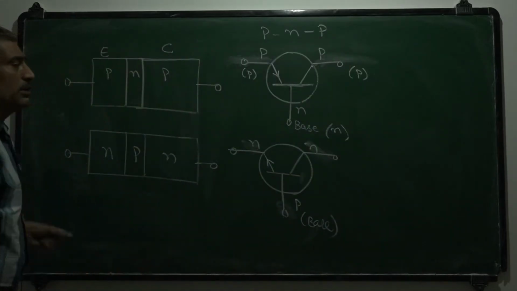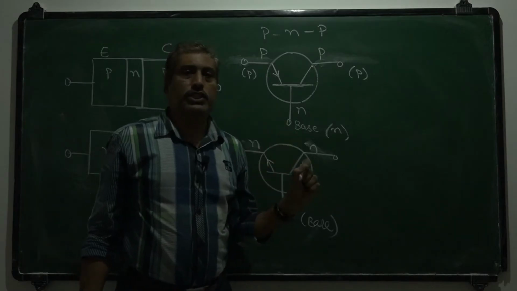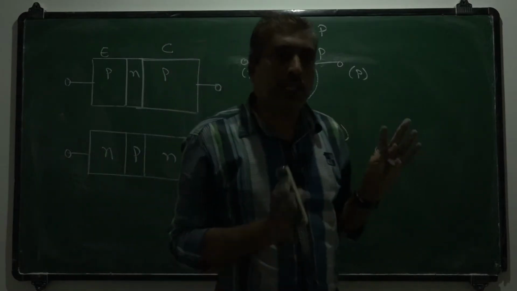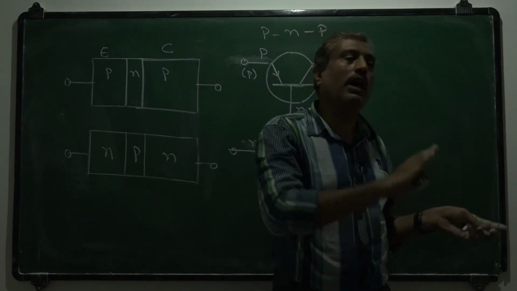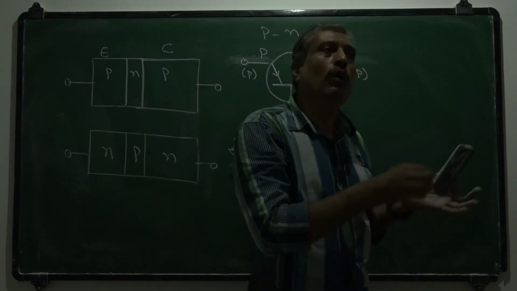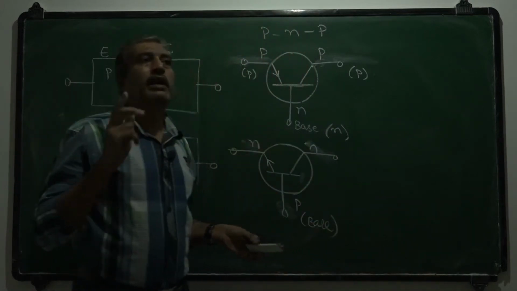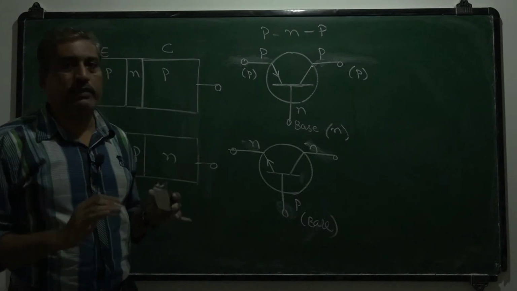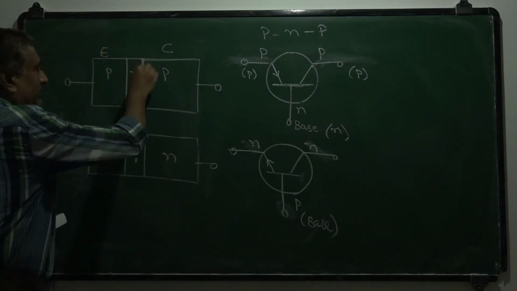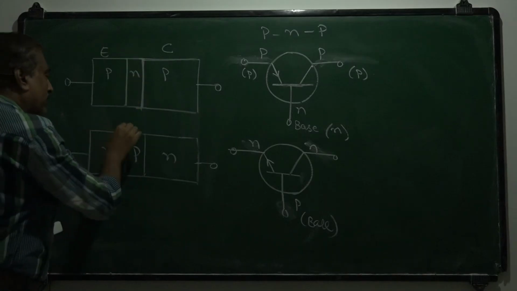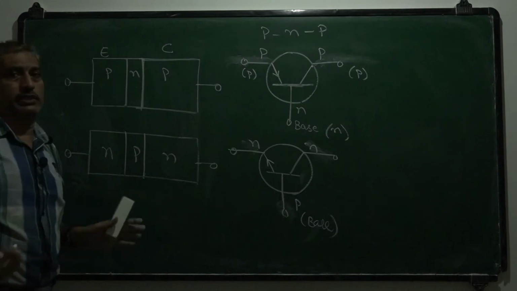Okay. So a transistor is a device which transfers the current from a low resistance input to a high resistance output, or from a low resistance region to a high resistance region. It is merely two PN junctions back to back, or we can say an N type material is sandwiched between two P types, or a P type is sandwiched between two N types, so that we get two PN junctions.